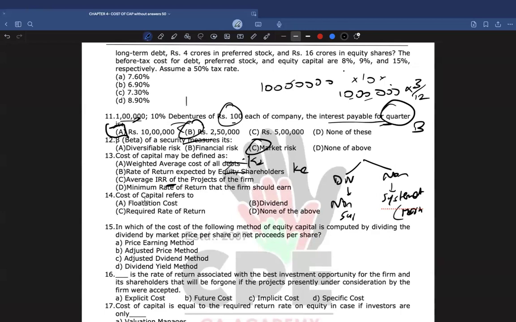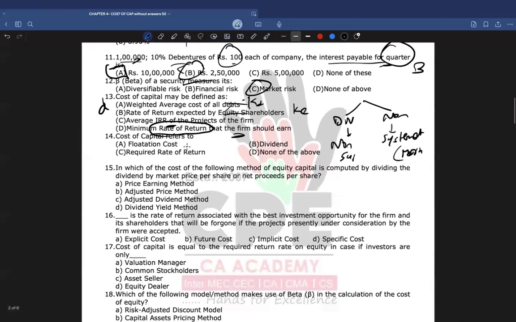Average IR of the projects, minimum rate of return that the firm should earn. So not equity, the firm should earn. So obviously among the options, D seems to be more apt because weighted average cost of capital, cost of all debts means only KD. The rate of return expected by equity shareholders means only KE. So D is minimum rate of return.